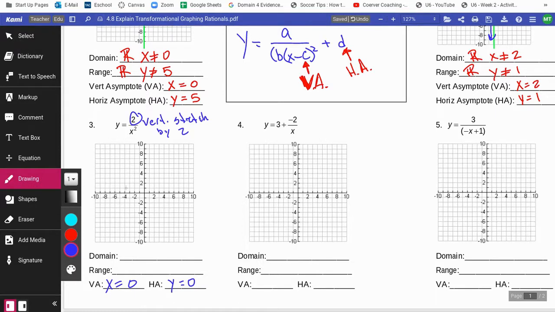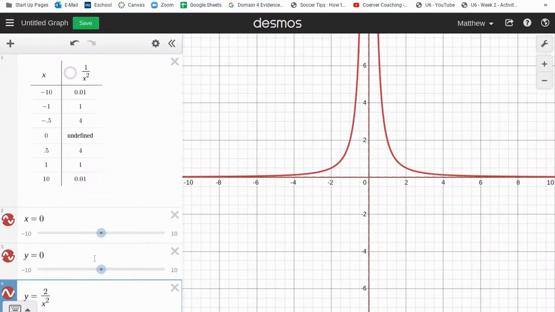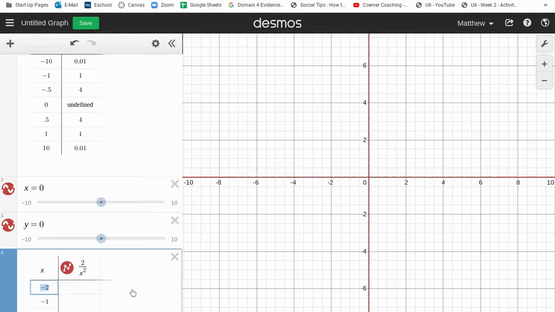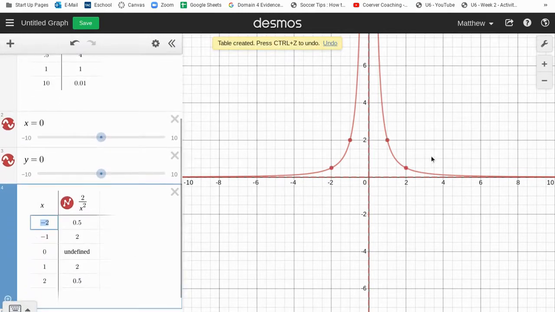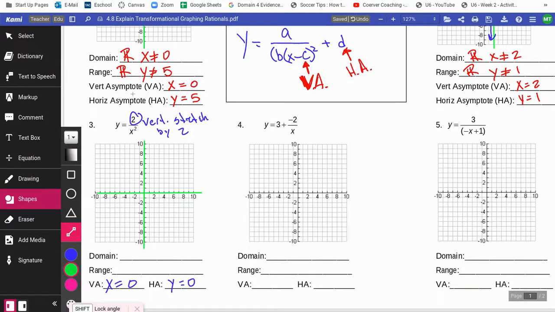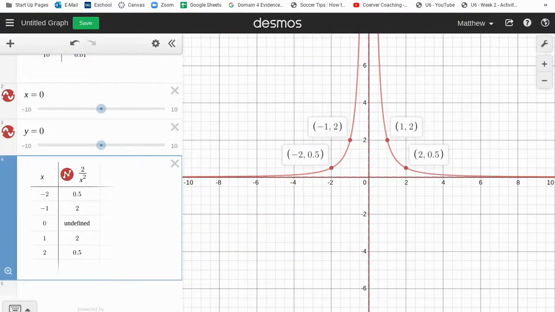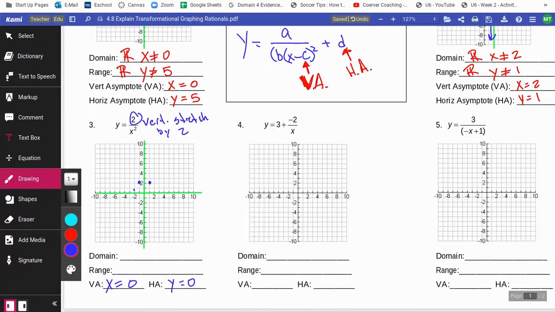And then I go ahead and start drawing. Here's my VA, HA, and then if I grab some points, again, I just grab a table. Those 2 points are probably good enough. So -1, 2, and 1, 2, and then -2, and it comes really down here, right?